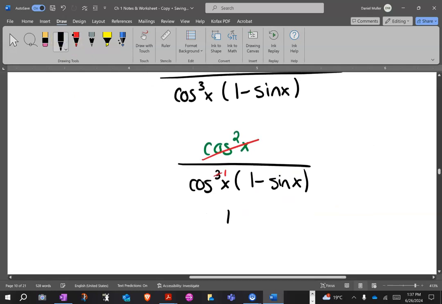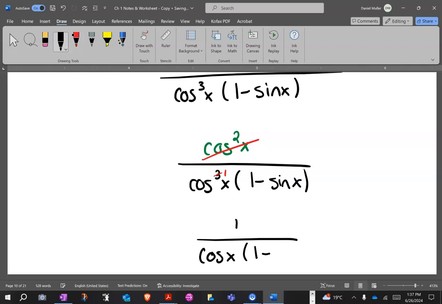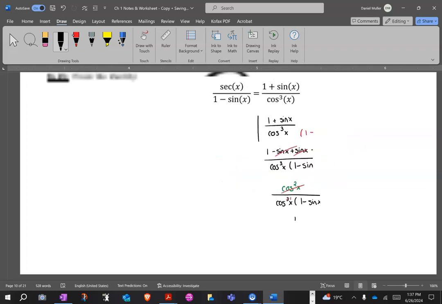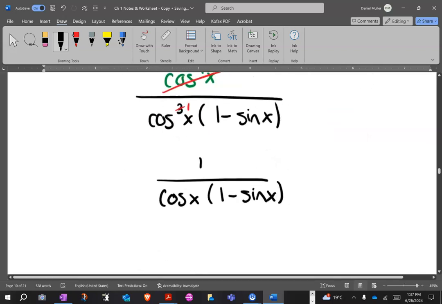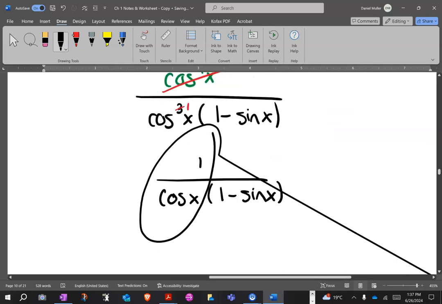So this is really just 1 over cos of x and 1 minus sine of x. Now, is that what I have? No, I have a secant. Now, secant is just 1 over cos. And I do have a 1 over cos. It's right here, 1 over cos.